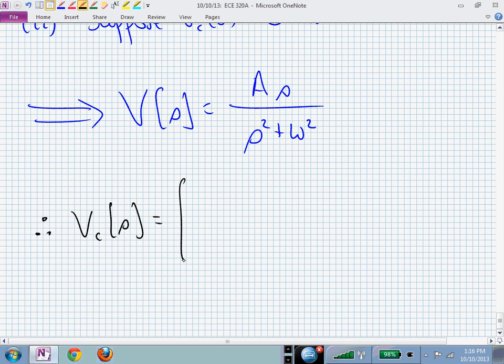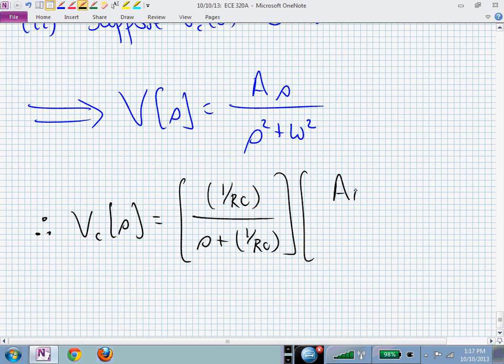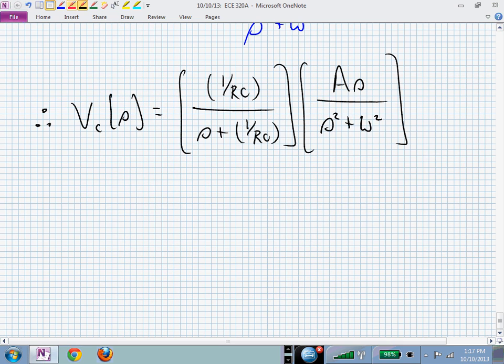That's our transfer function, which we derived to be 1 over RC over S plus 1 over RC, times the source, its Laplace transform, capital V of S, which is AS over S squared plus omega squared. If I simply ask you to find the Laplace transform of the capacitor voltage, you would be done. This would be it.